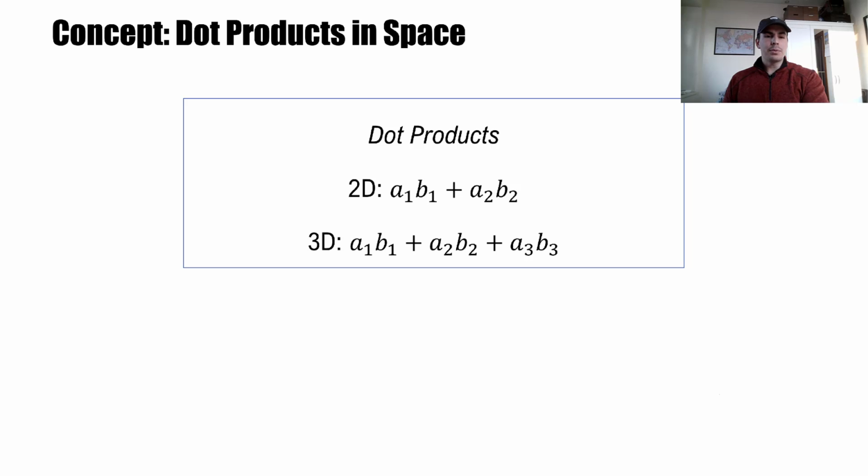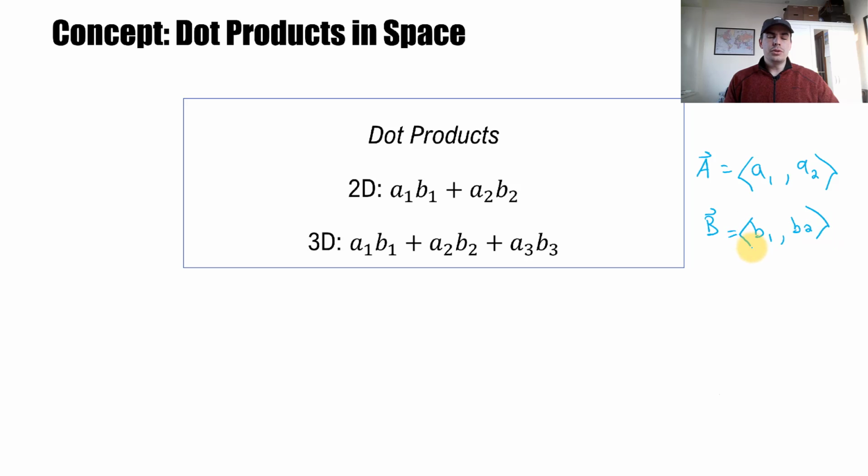Okay, so for our dot products, our two-dimensional formula is just going to be A1 times B1 plus A2 times B2, assuming vector A equals A1, A2, and vector B would be B1, B2.